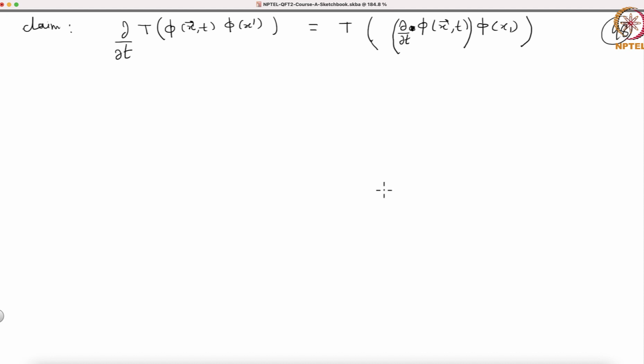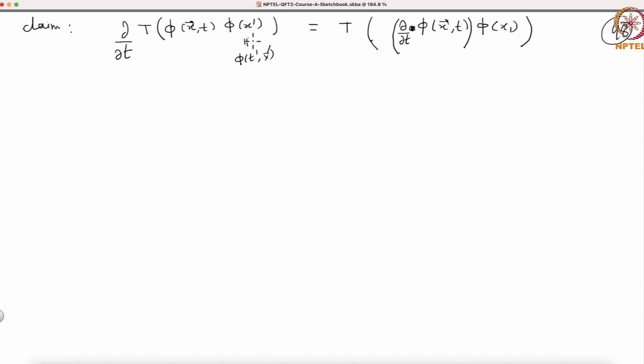Okay, and this is kind of obvious, because if you look at the left hand side, you have the time ordered product of these two operators. So let us say the time t is smaller than the time t prime. So here this is phi of t prime x prime. Okay, so let us say t prime is smaller.